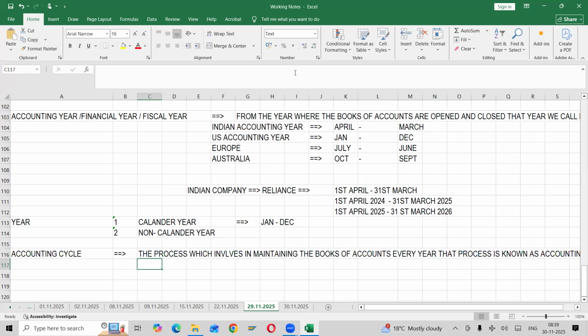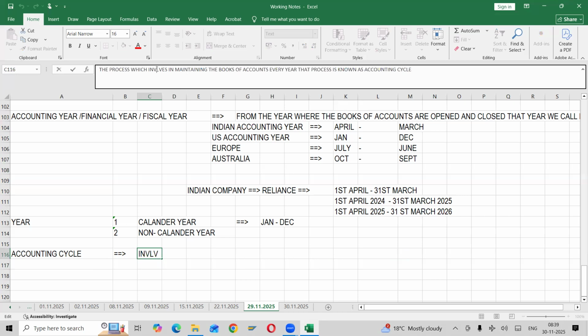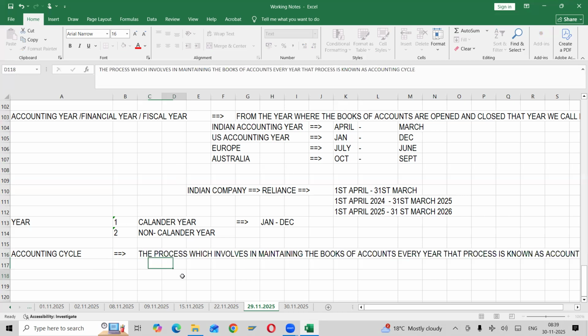Clear? What do you mean by accounting cycle? Every business across the globe will follow these few steps, and that process we call an accounting cycle.